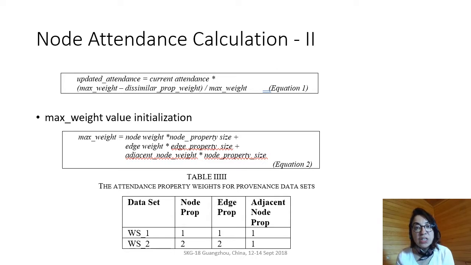Maximum weight is initialized as if all node and edge properties are identical, and in each comparison we decrease the updated attendance according to the unmatching property weight. In our experimental results, we test our DCA algorithm by using different weight sets, which are shown in table 3.